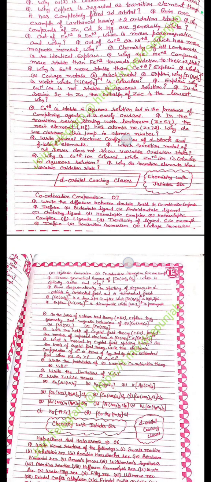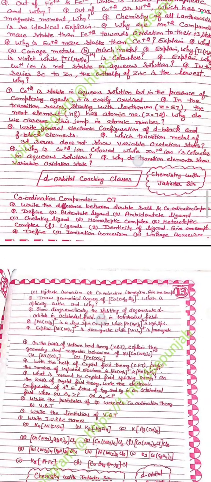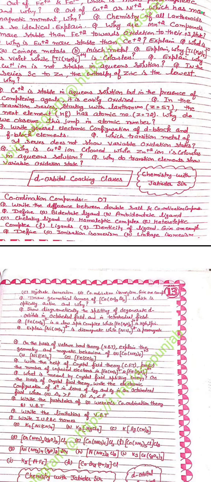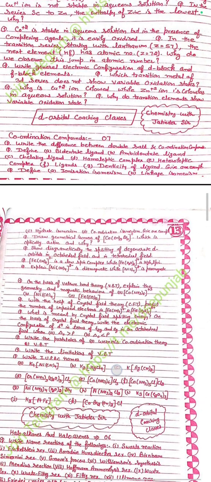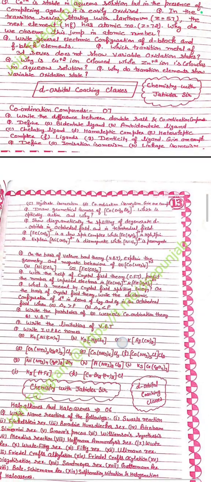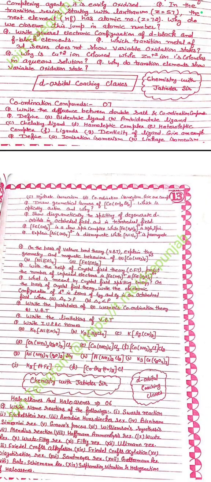Here, our fifth chapter, coordination compounds. So write the difference between double salts and coordination compound. This is the most important question. And what are ambidentate ligands? From all these, the second question, the ambidentate ligand question, is the most important.